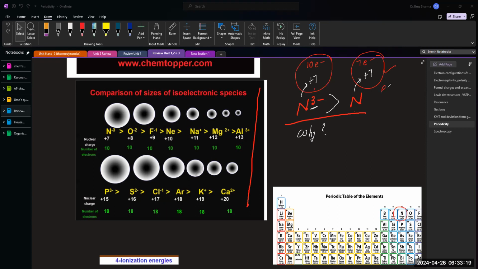The effective nuclear charge. Its charge is more. And here the effective nuclear charge is less. Yes, Sanjana. Good.